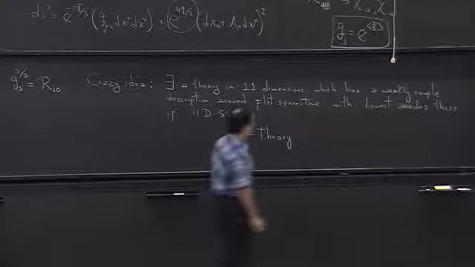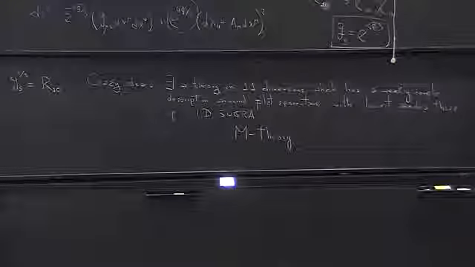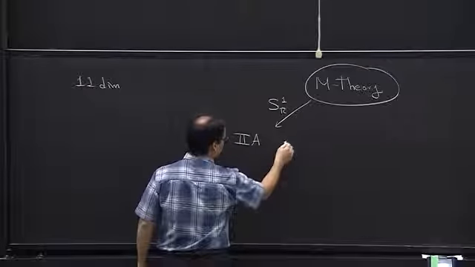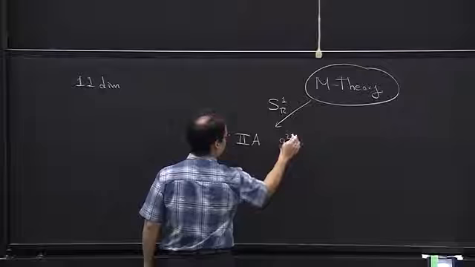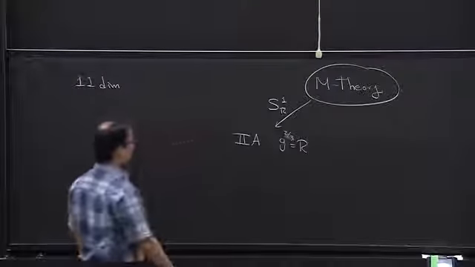So the proposal is that there is this 11-dimensional theory, M theory, which if you compactify on a circle of some radius r, you will land on type 2A superstring theory with coupling given by this.